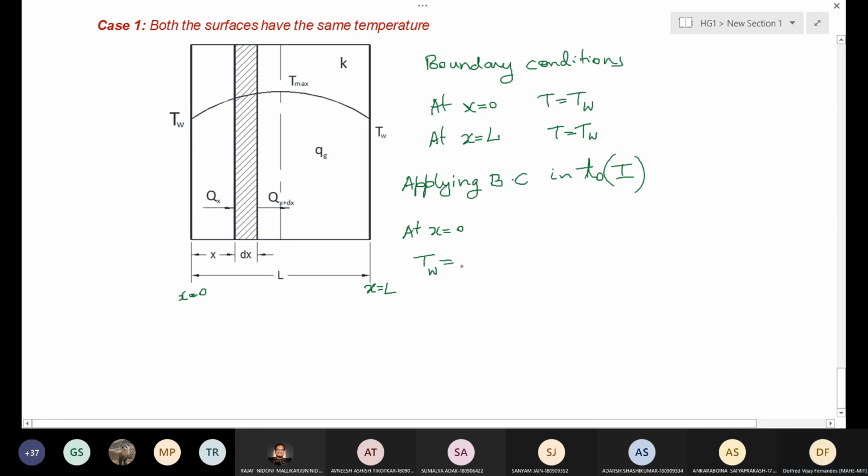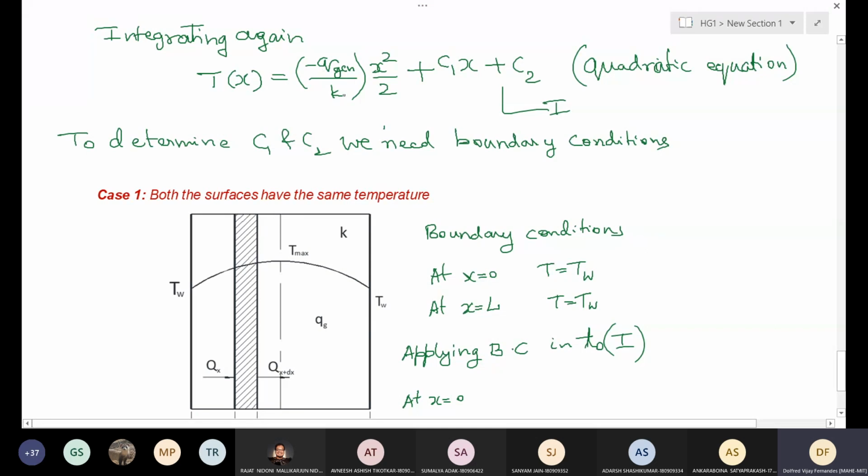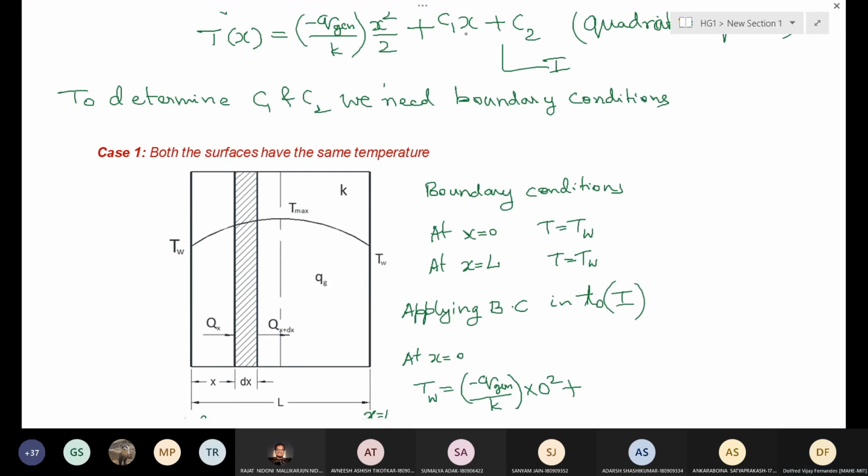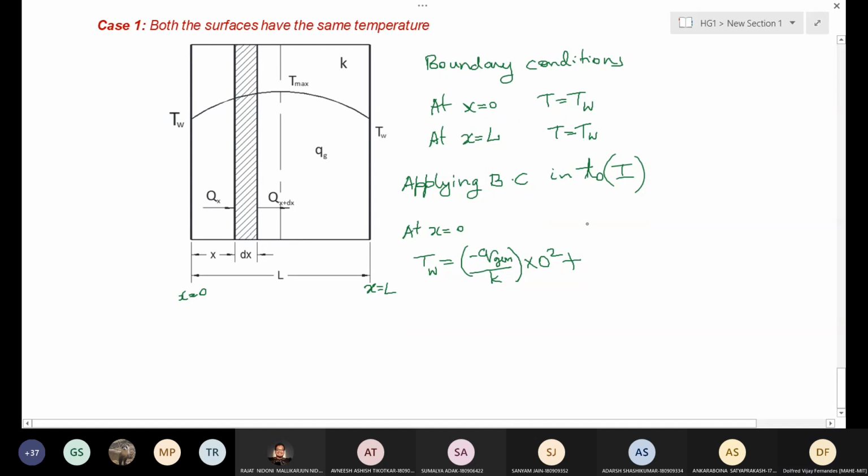And what we have here is minus Q generation by K into x squared by 2, x is 0, so 0 squared, then C1 into 0 plus C2.